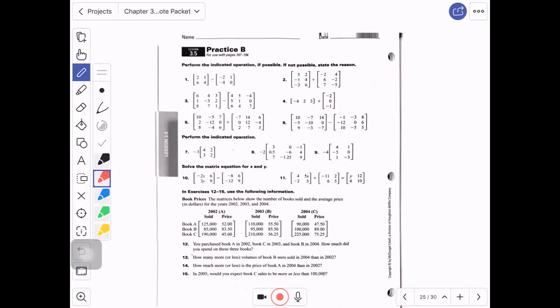Time for you to practice matrices, addition, subtraction, multiplication.